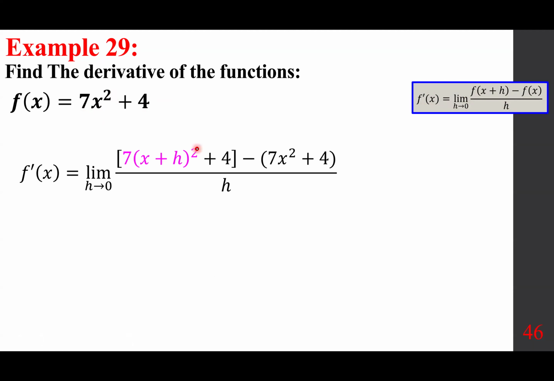We've done this many times before. This is x squared plus 2xh plus h squared with the 7 in front of it. When we distribute, we get 7x squared plus 14xh plus 7h squared plus 4 minus 7x squared minus 4.